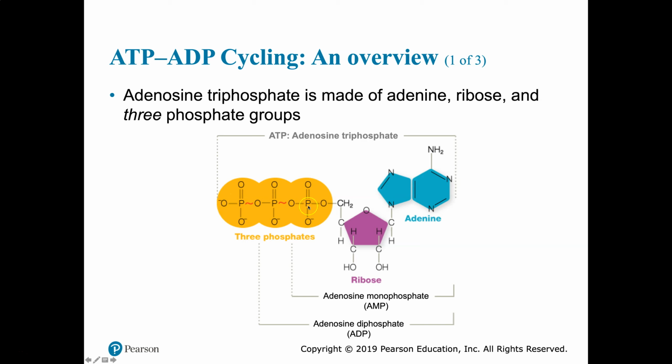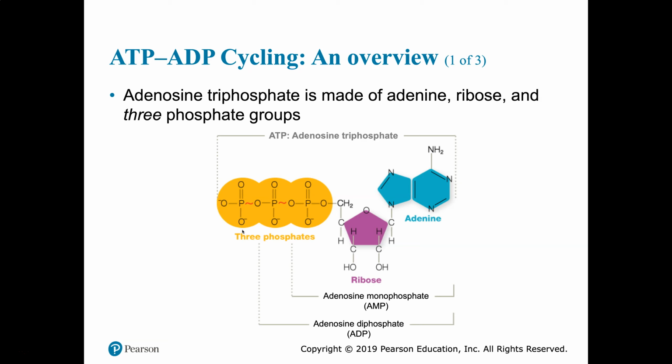So these three phosphates really hate each other even though they're stuck together. So when they get the chance to break one of these phosphates, this last one off, break this bond right here, they're really happy.